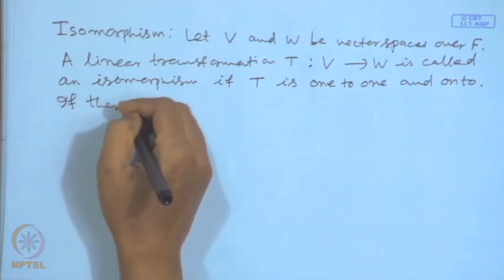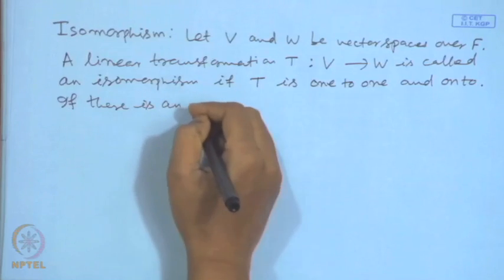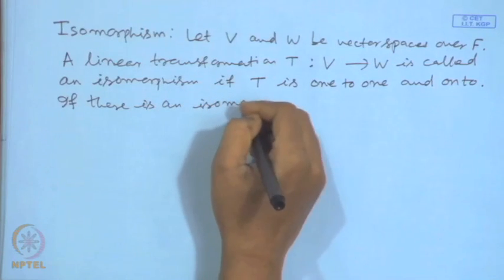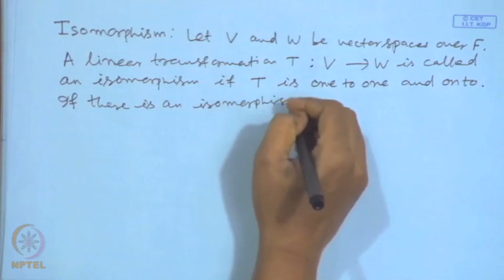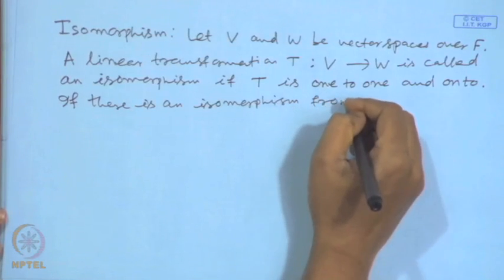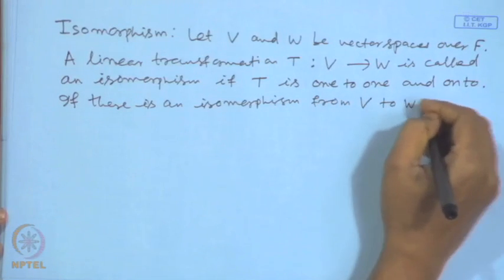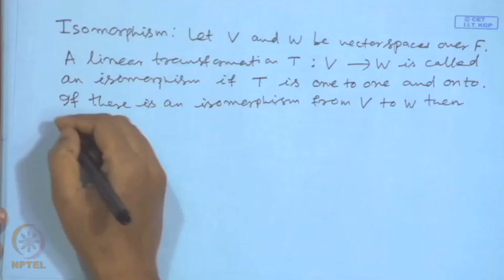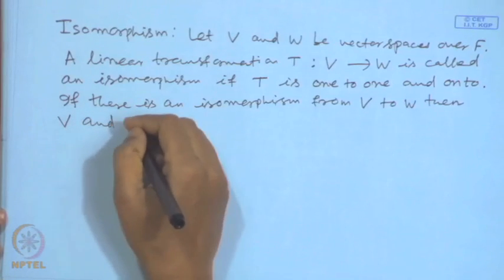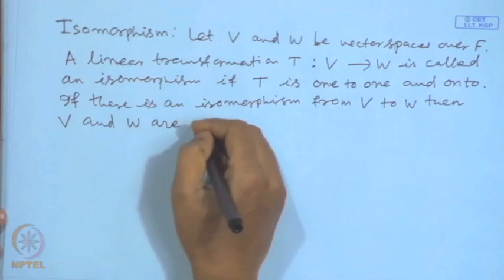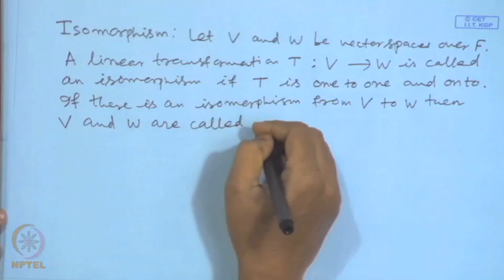If there is an isomorphism from V to W, then V and W are called isomorphic.